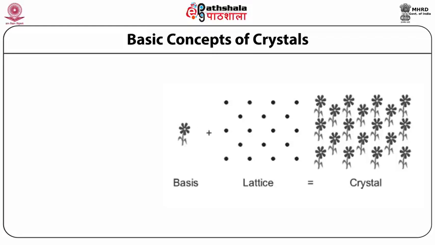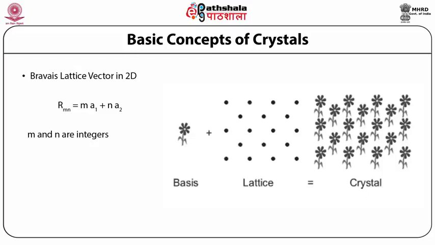Similarly, one can construct a three-dimensional lattice by adding one more dimension, which would be perpendicular to the plane of this paper. Now on the extreme right side, we see an equation which writes the Bravais lattice vectors in 2D: R_mn = m a1 + n a2, where m and n are integers. This is basically a mathematical representation of what we have shown pictorially on the left.